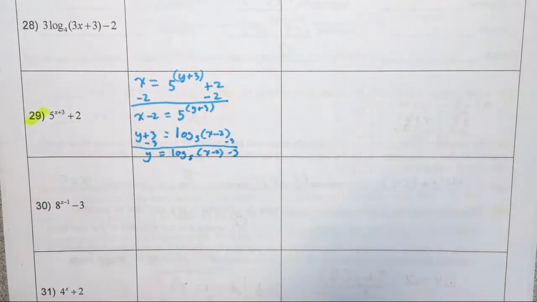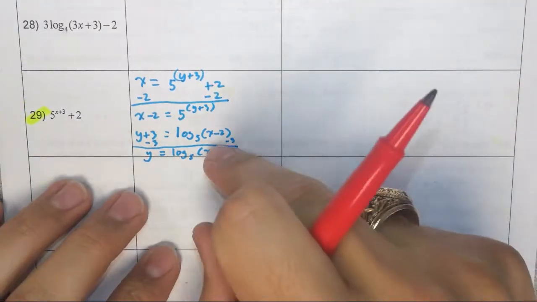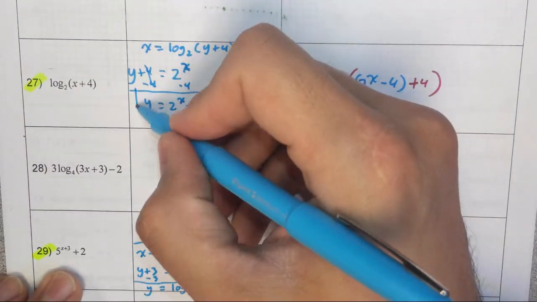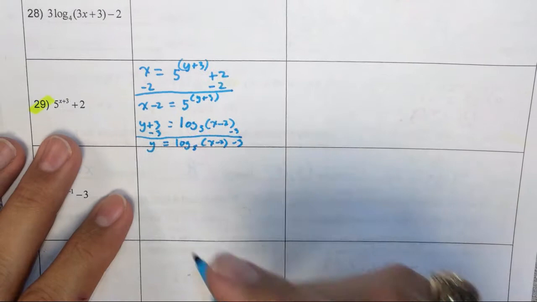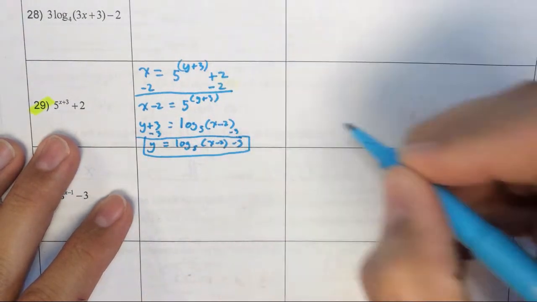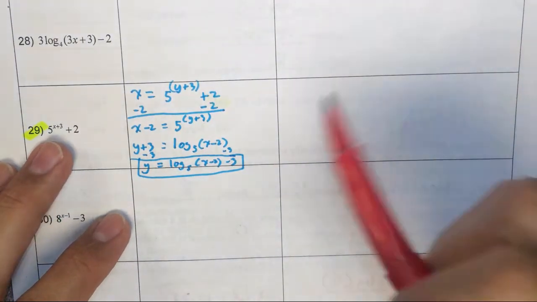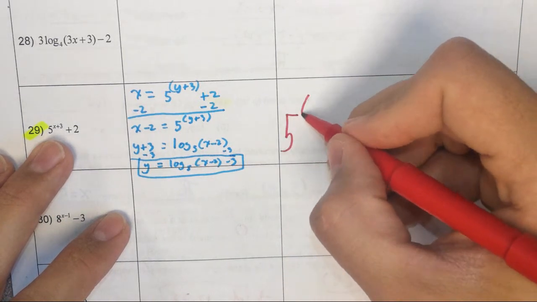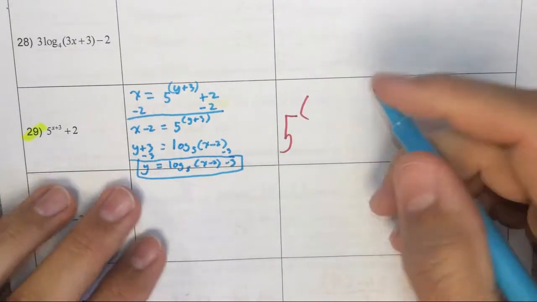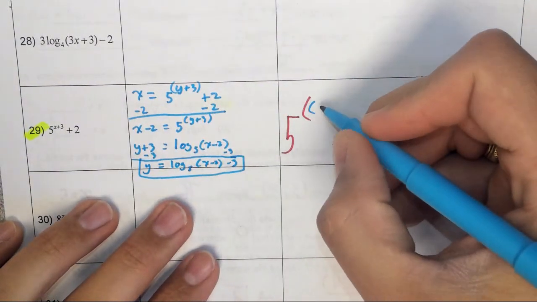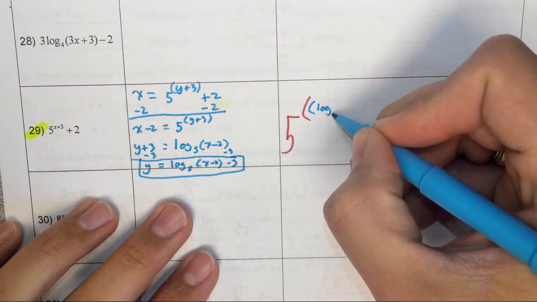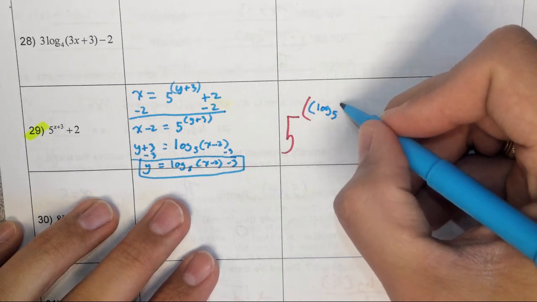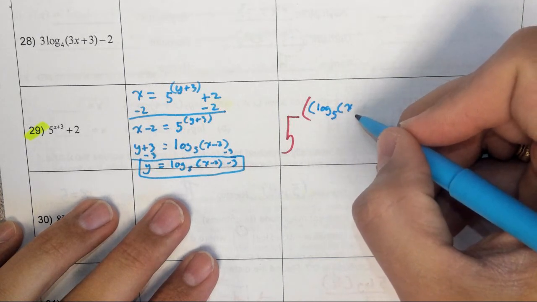I'm going to take that. That's the answer I'm looking for, and we're going to plug it into the original function. My original function was 5 to the, and then there's an x there, so my x is going to be log base 5 of x, is it minus 2?